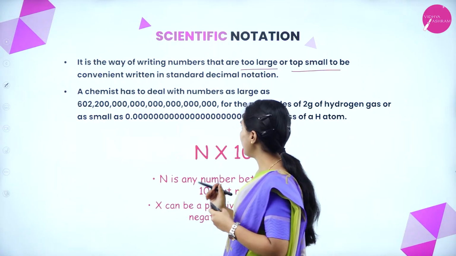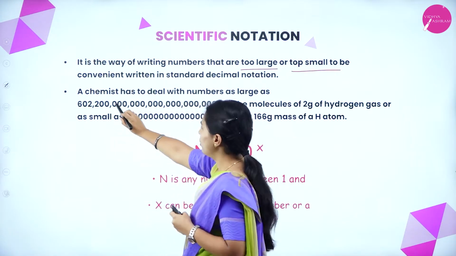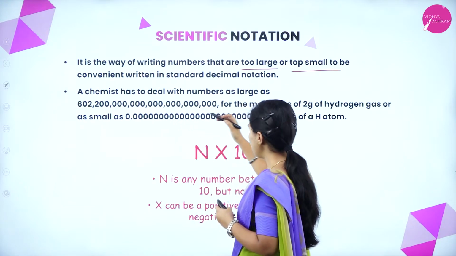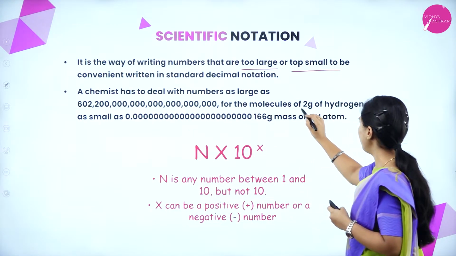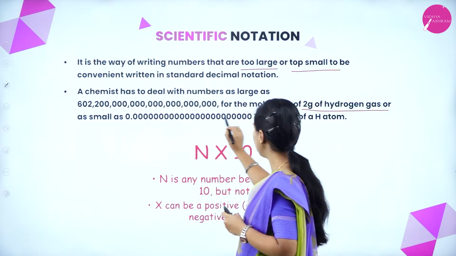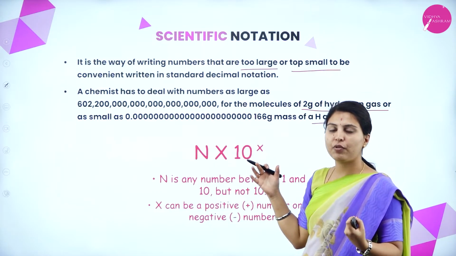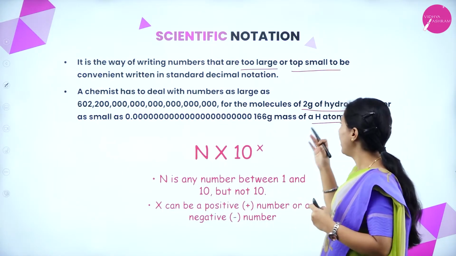A chemist has to deal with numbers as large as, see here, 602,200 and so many zeros, to get 2 gram of hydrogen gas, or as small as 0.000...166, the mass of a hydrogen atom. This many large numbers were there for only 2 gram of hydrogen.